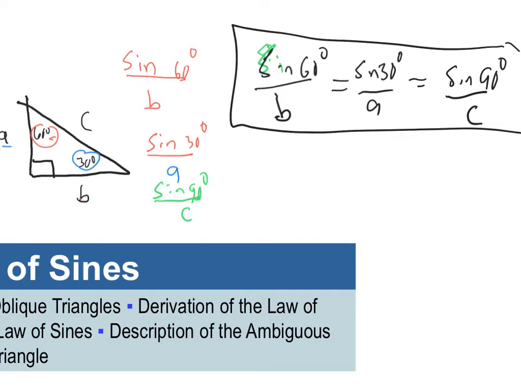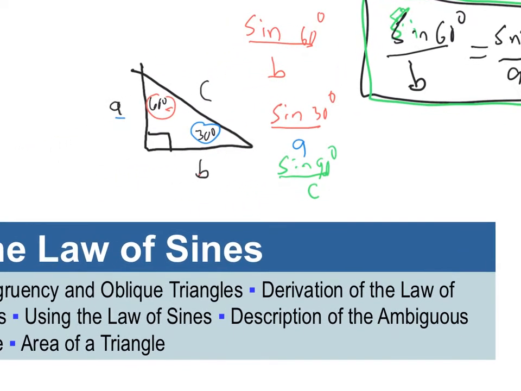Now, we don't usually use all three together. We usually use two. And then hopefully one of those sides is already known. If not, in this particular problem, one side has to be known, or else you can't find the other two sides anyway.